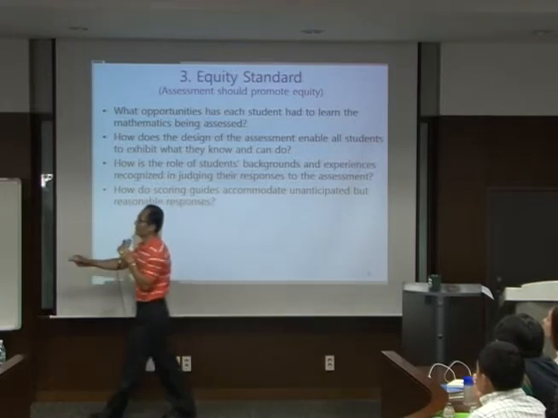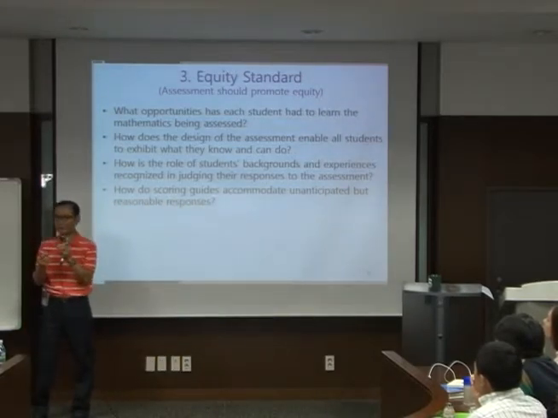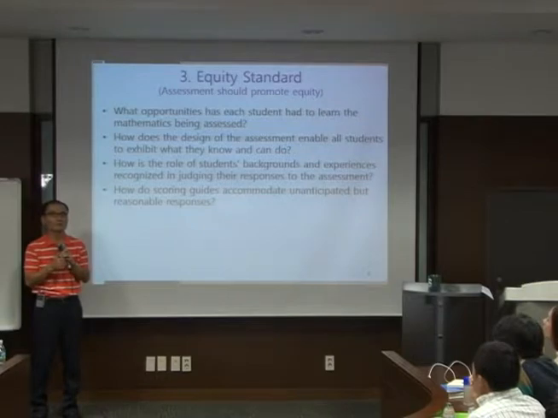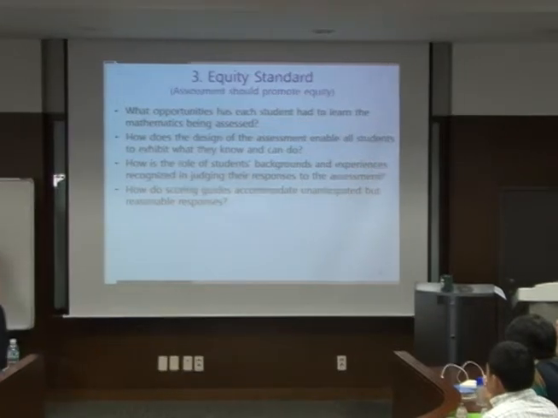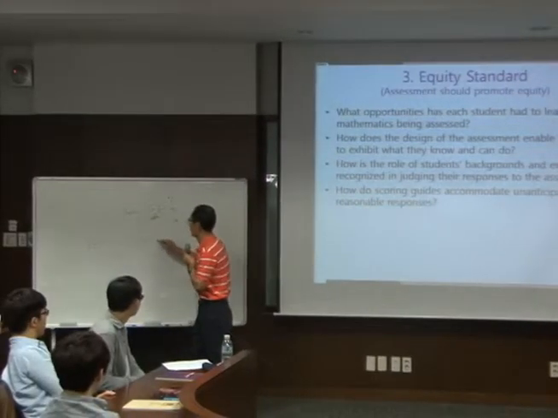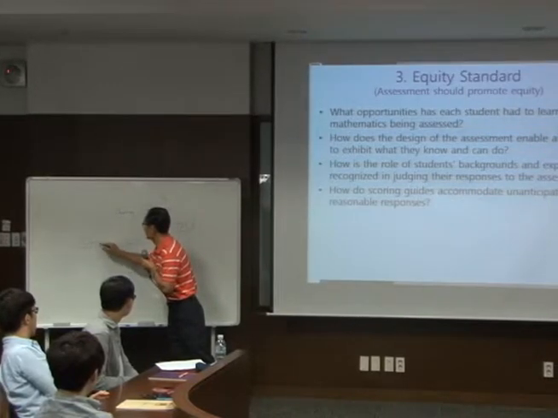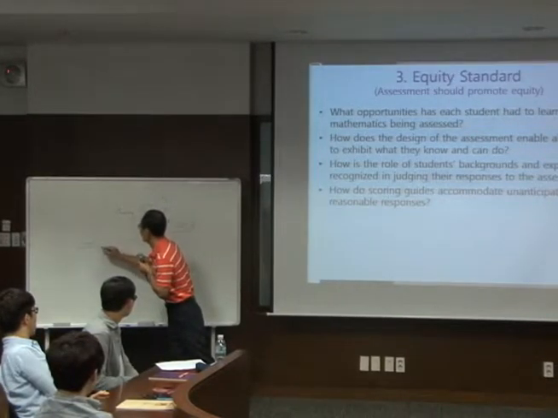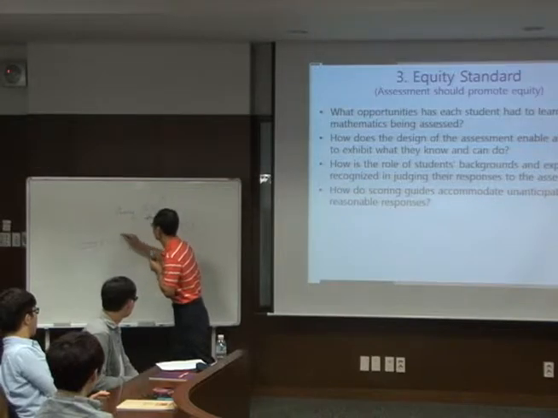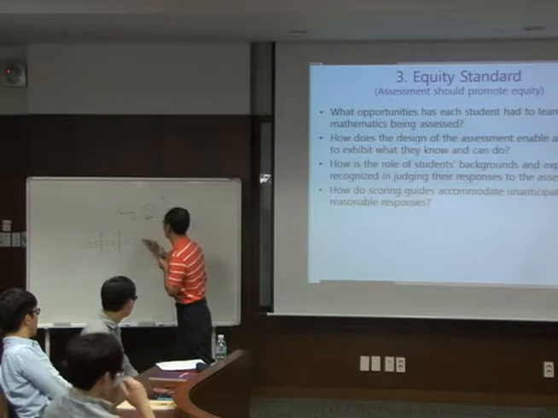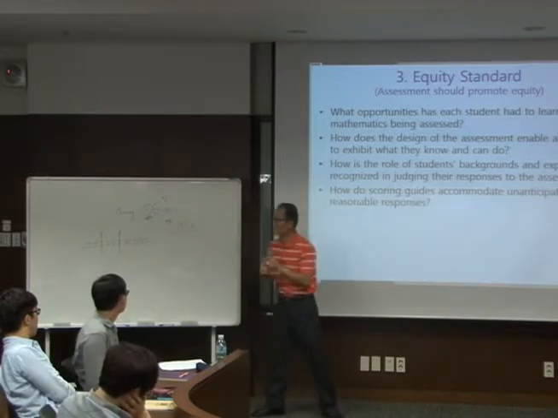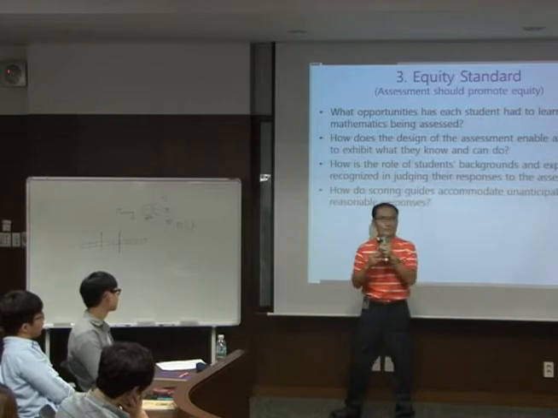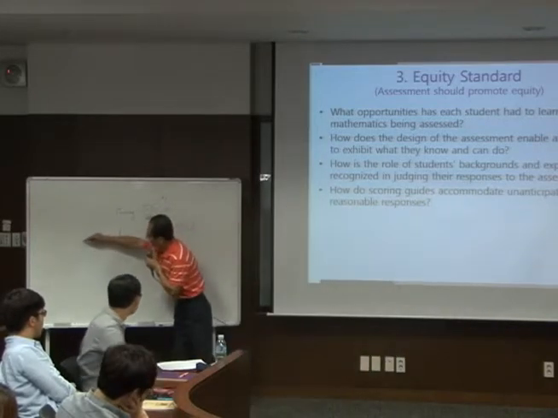Well, how can you interpret this one differently? 12 divided by 3. Measurement or partitive. For instance, let's say this is 12 units, right?